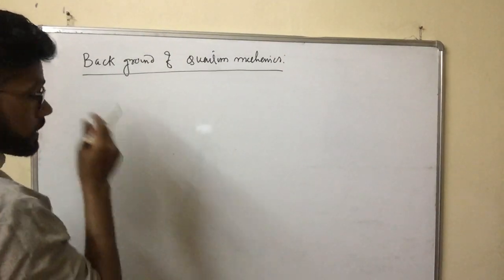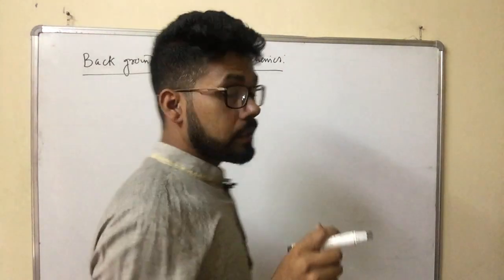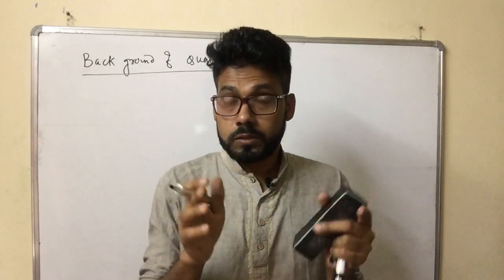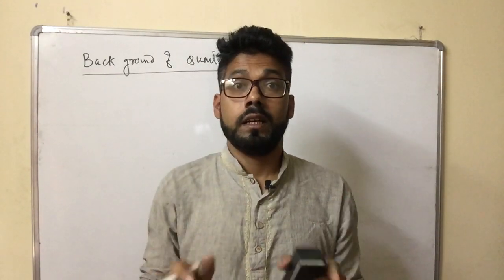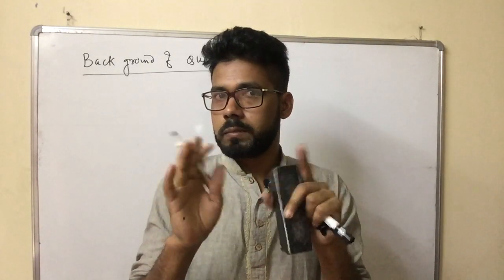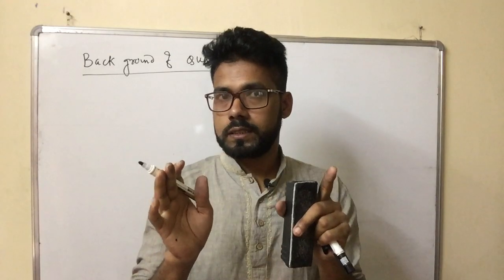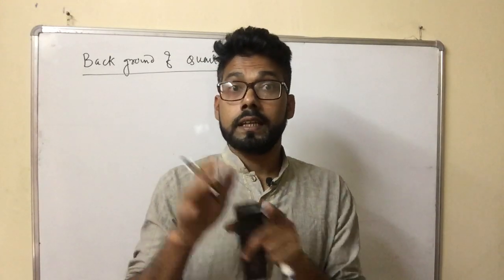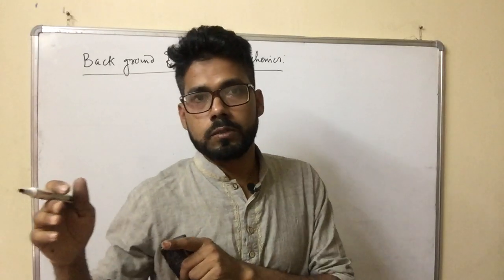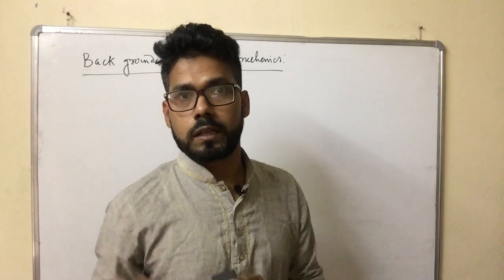So now what happened? The first quantum mechanical problem is that de Broglie told that a wave is associated with the material particle. But what type of wave is associated with the material particle, de Broglie could not say. So in order to solve the problem, they started thinking to develop a new equation toward quantum mechanics.